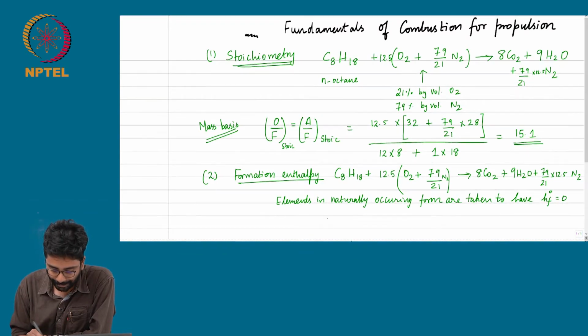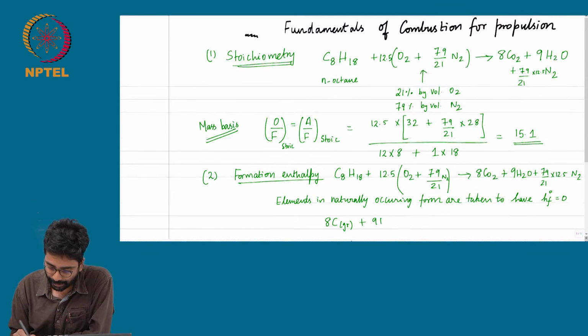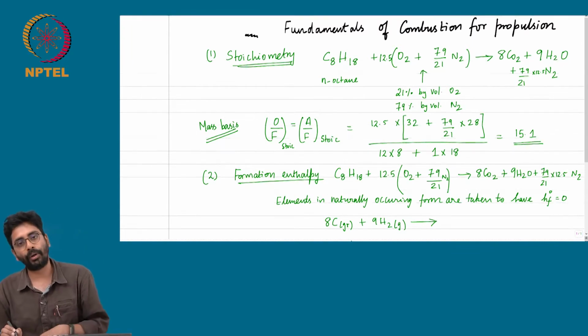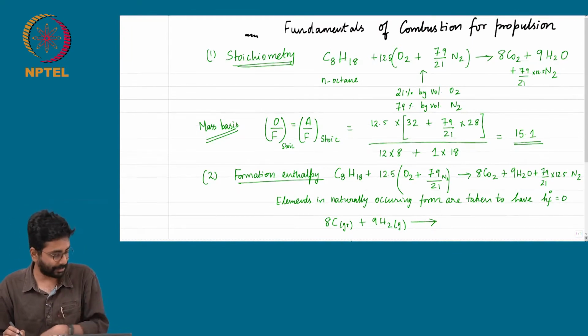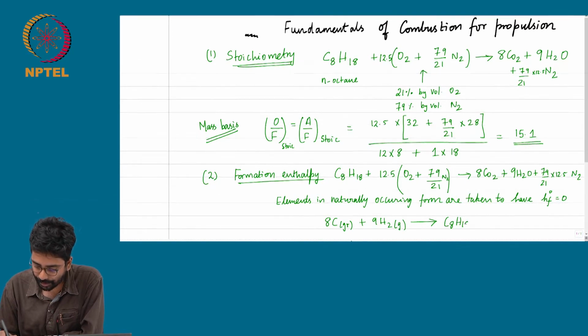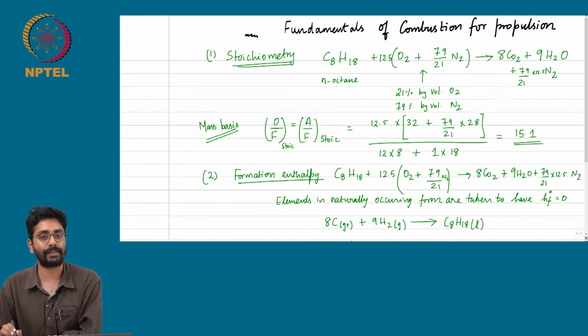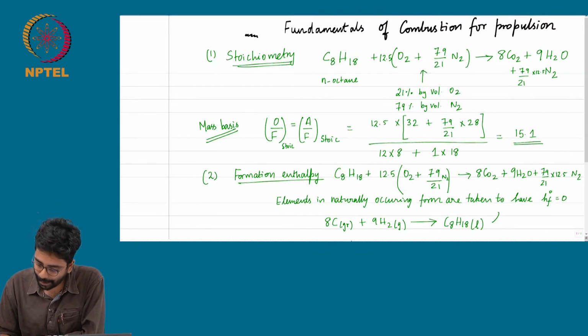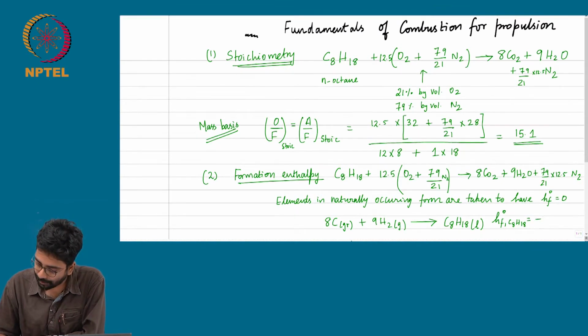Octane is made up of elemental carbon in graphite form, which is a naturally occurring form, plus 9 H2, which is the naturally occurring form of hydrogen, diatomic hydrogen gas, to form C8H18, which is a liquid under normal conditions of temperature and pressure. The enthalpy change of this reaction is the enthalpy of formation of octane, which turns out to be negative 250 kilojoules per mole.